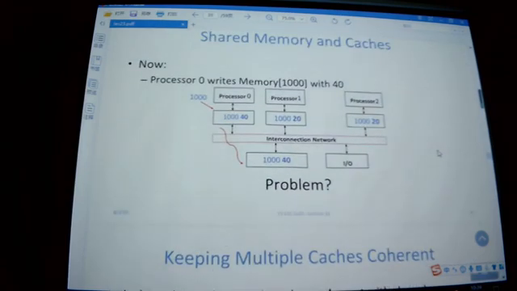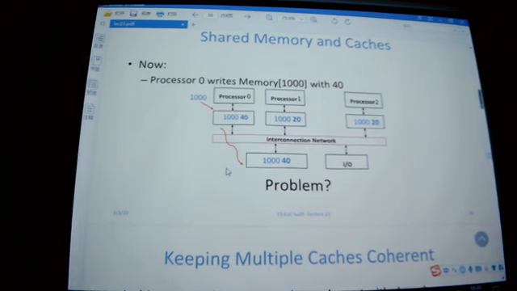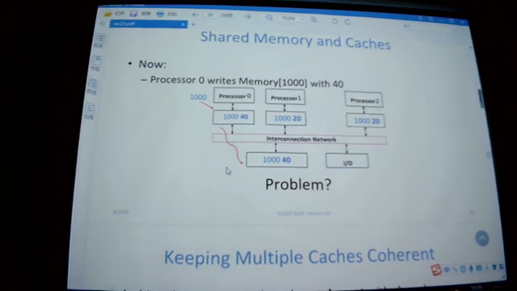We think the cache and the main memory have the same number. If the number in cache and the memory is different, which is the trusted number? We choose to trust the cache. We choose the newer number, which is in cache.